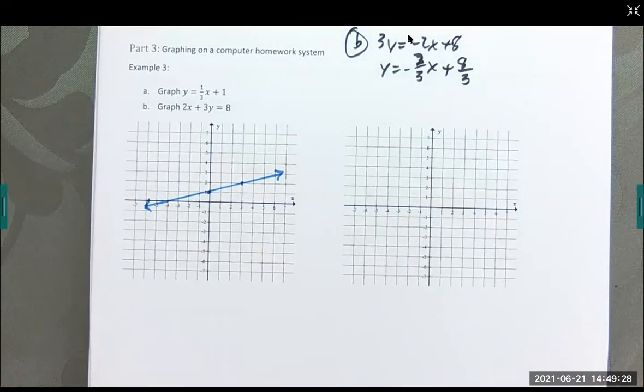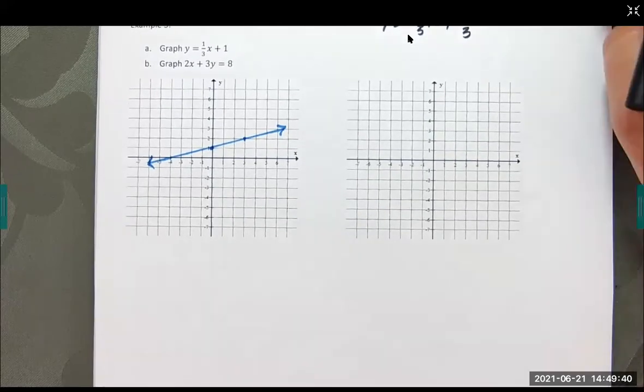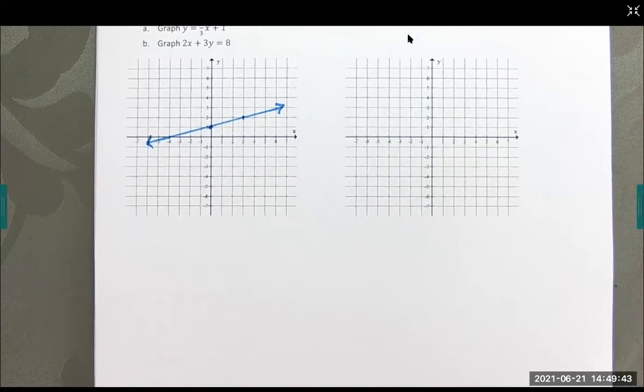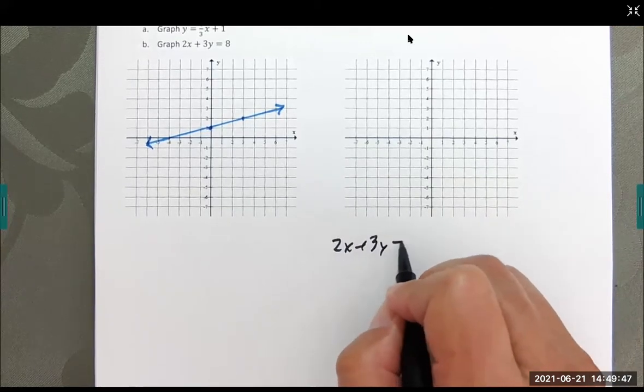That is not ideal. So let's do this instead. Let's find the intercepts. We could graph it like this, but I want to keep it simple. And we are going to end up with fractions, whether we like it or not. I'm going to push that up a little bit. And let's go down here. 2x plus 3y equals 8.